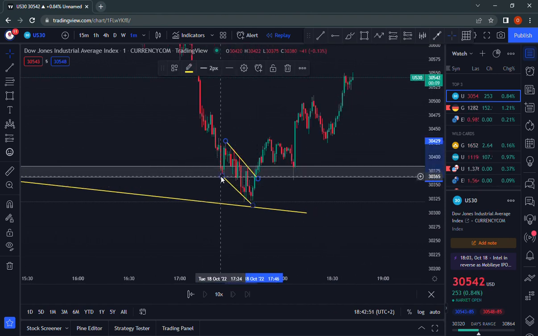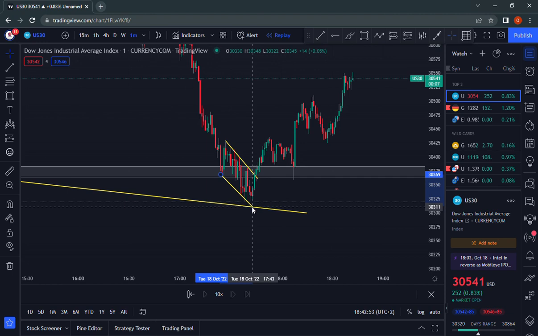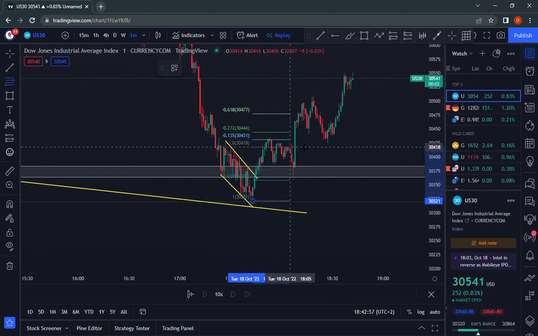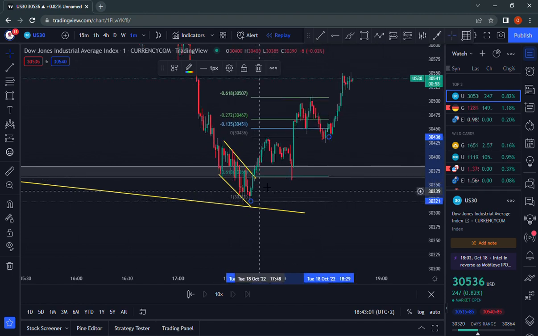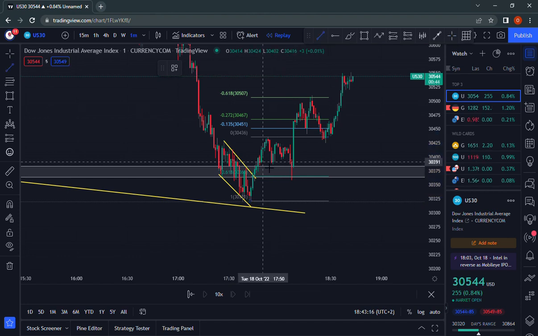This is the 1 minute, remember? Then the first impulse that breaks the structure comes back to what? 0.618. You see? Sniper, another sniper. And this is correction.